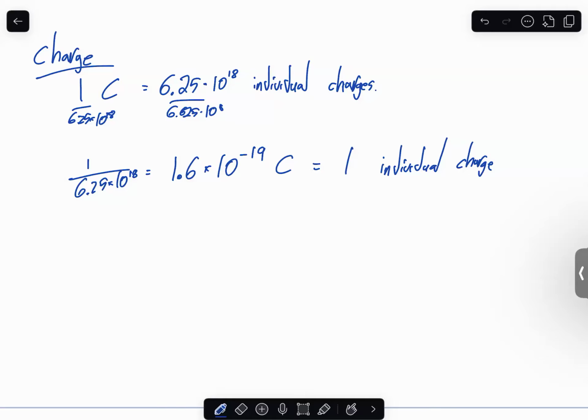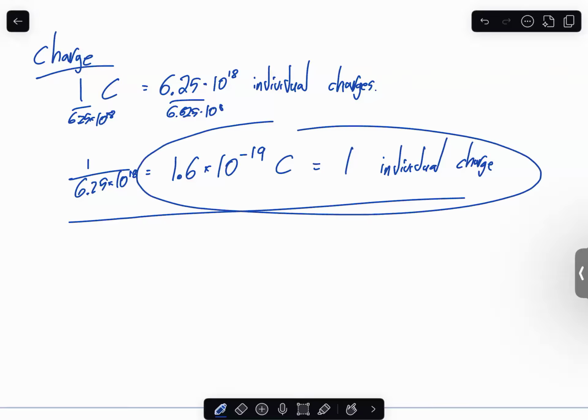I do want to emphasize, by the way, something that I hope is not new information. Electrons are negative. Stay positive. Electrons are negative. So when I say that this is one individual charge, what I really should say is this is the absolute value of one individual charge. The charge on a proton, QP, is 1.6 times 10 to the negative 19.